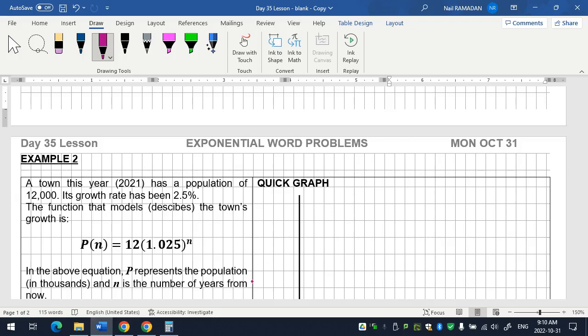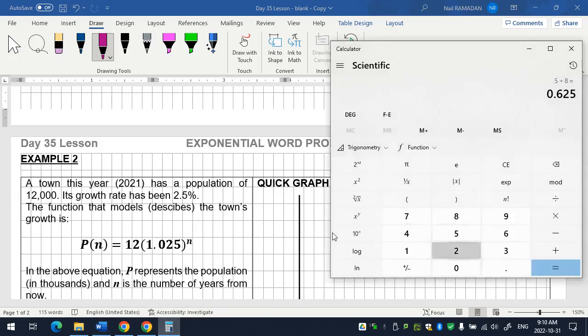Divide. So let's divide 2.5 by 100. 2.5 divided by 100. How much? Because it's growth, am I going to subtract this from 1 or add it to 1? You see the relation? You can always build it once you know if the town is growing or decaying.